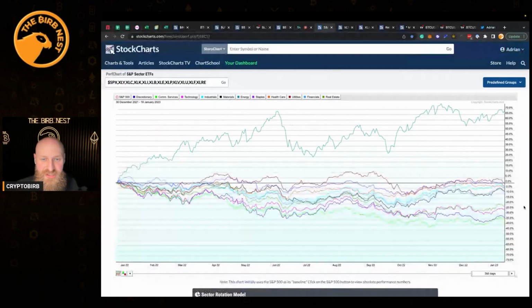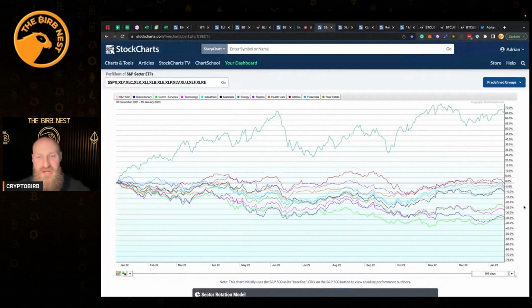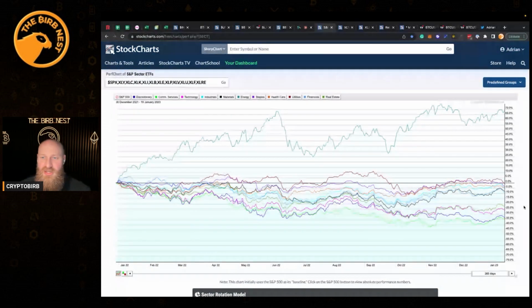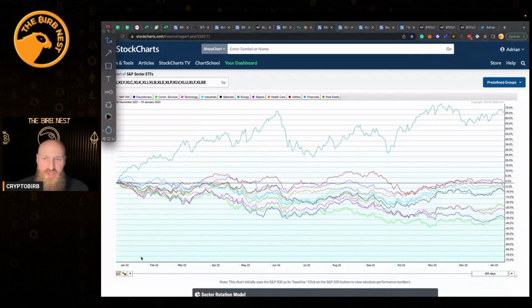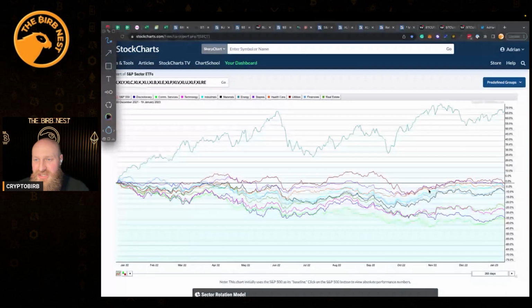Let's have a look at this very significant chart that shows stock market performance depending on the sector of the S&P 500, the Standard & Poor's index, which is telling you some piece of a story. At first glance, you can probably tell that this performance chart, ever since January 2022, reveals one significant outlier.